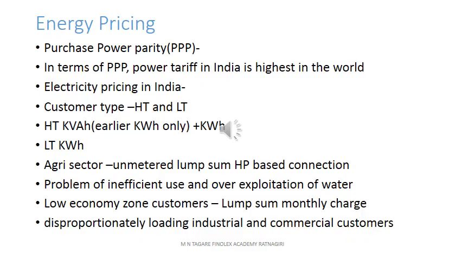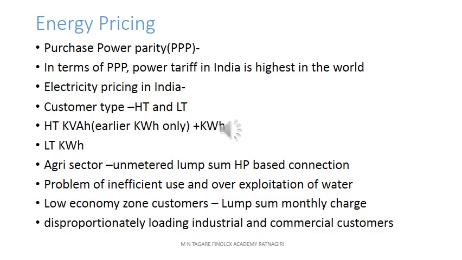Month is the billing cycle for most of the utilities, so we get the bill once a month. It has two parts: one is maximum demand and one is energy charges. Maximum demand is based on kVA, so how much kVA is registered during that month gives you one component. The second component is whatever energy you consume during that month, that is kWh.